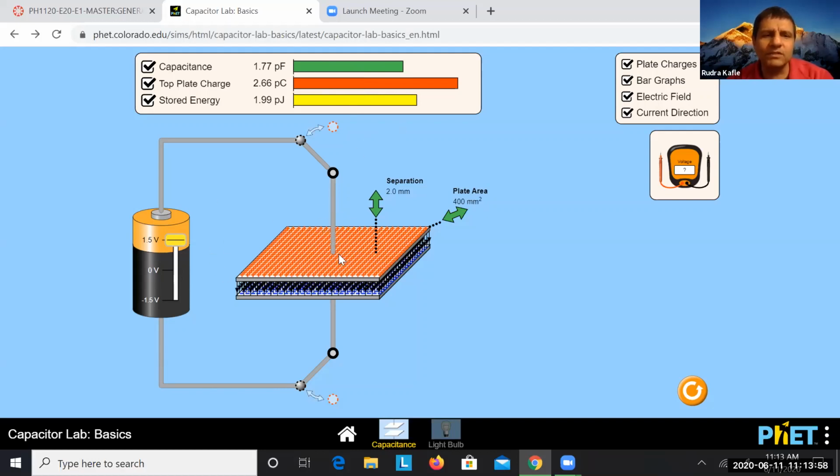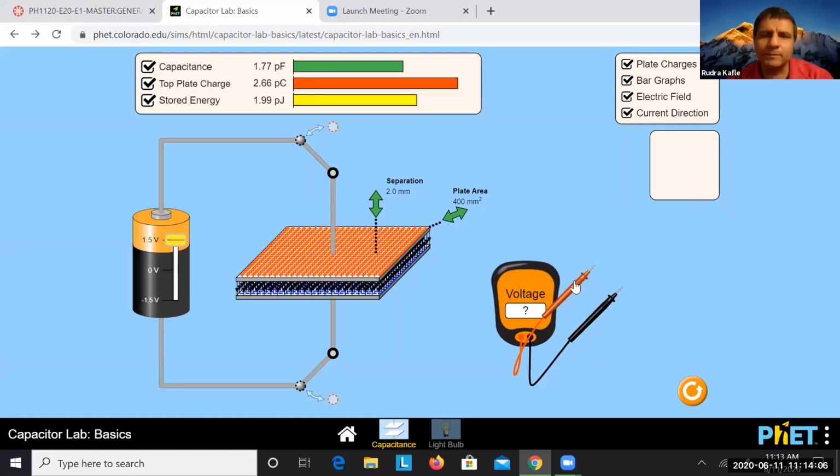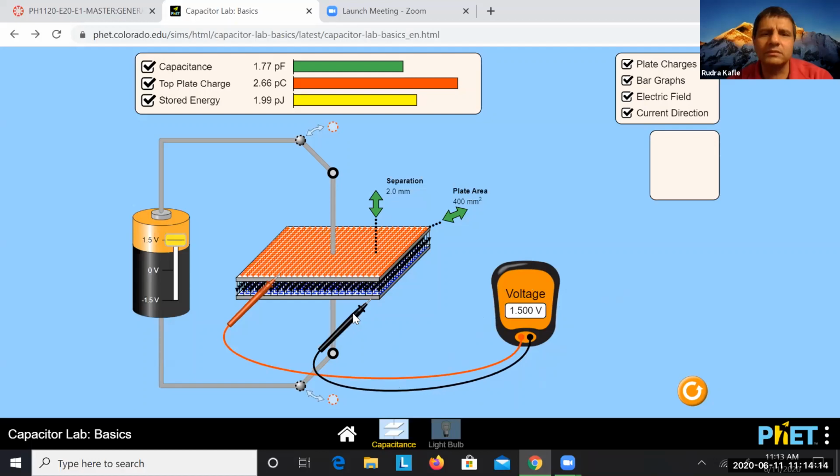One thing in this particular simulation that remains constant is the potential difference. For example, you can measure this potential difference by connecting the voltmeter to the two plates.